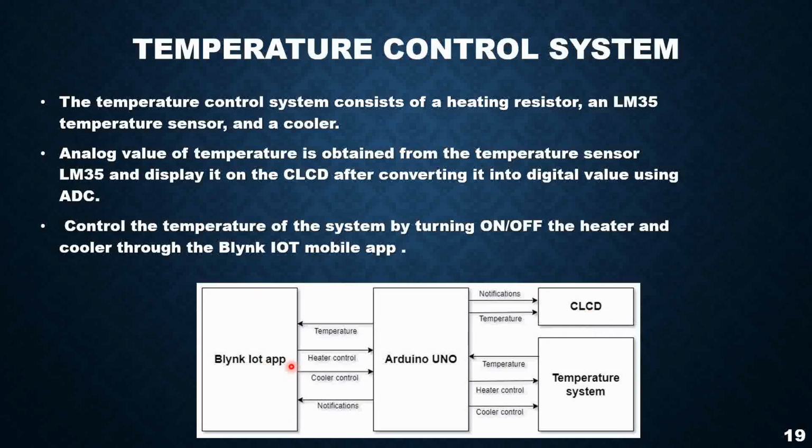The heater control and cooler control are provided as inputs to Arduino Uno, which we can control by turning on or off the switches in the app, and the temperature is written back from Arduino Uno or the microcontroller in the form of notification, which is also displayed on the CLCD. This block represents temperature system, which has the heater and cooler systems present in it.